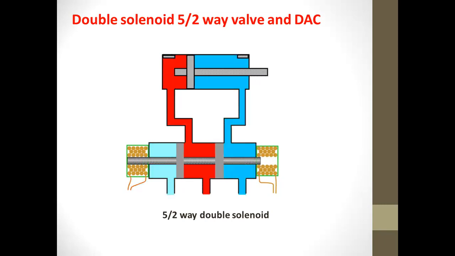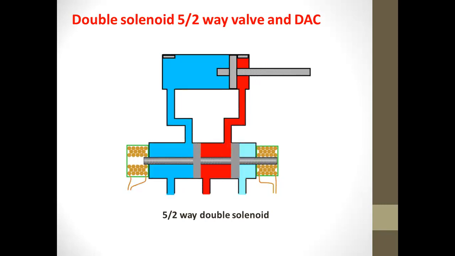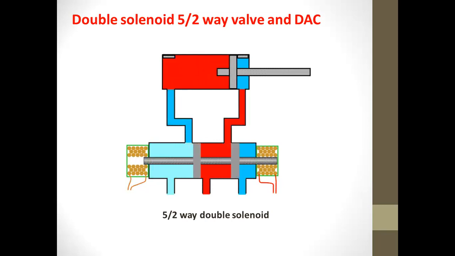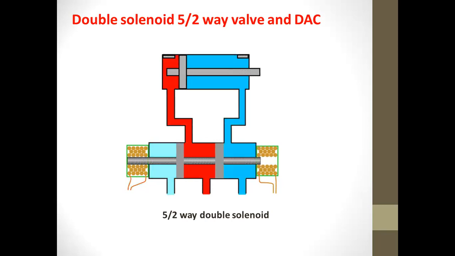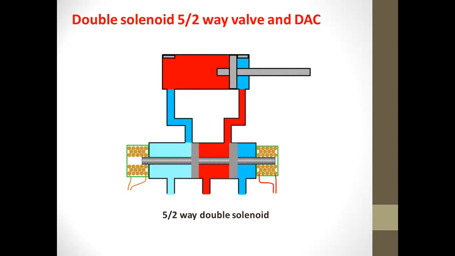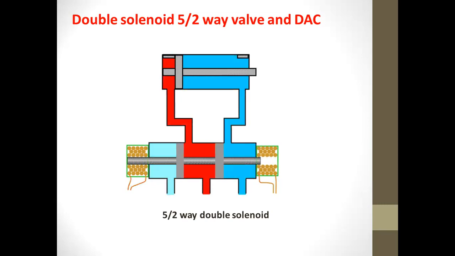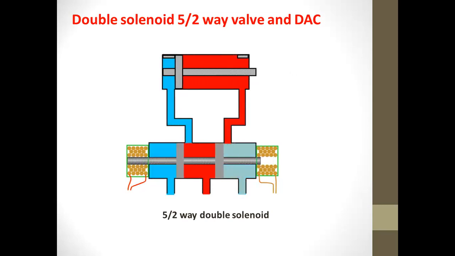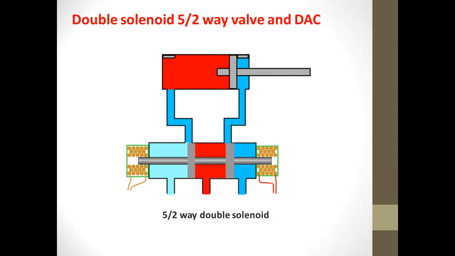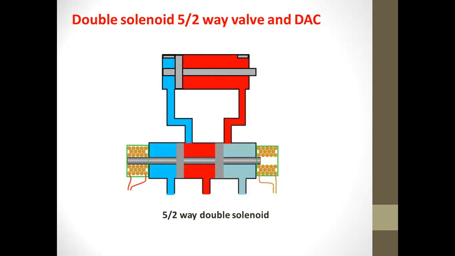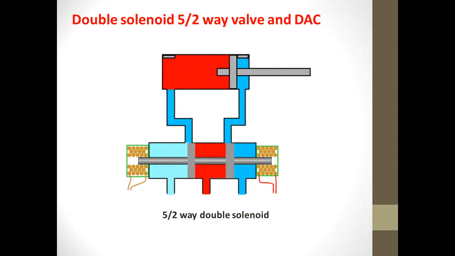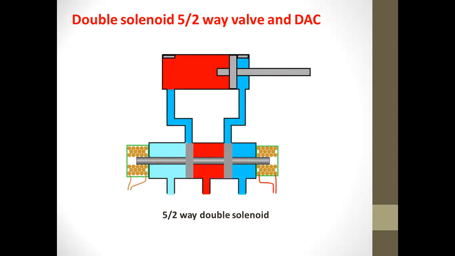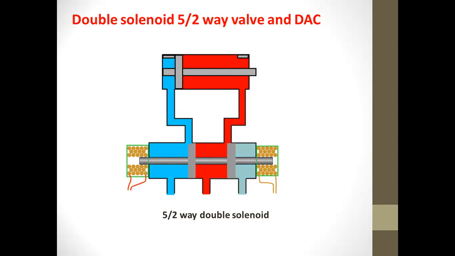let us say the cylinder is in the process of extending. You energize the coil and the cylinder extends, and then suddenly there is a power interruption, and you want the cylinder to return to its normal state, which is the retracted position.